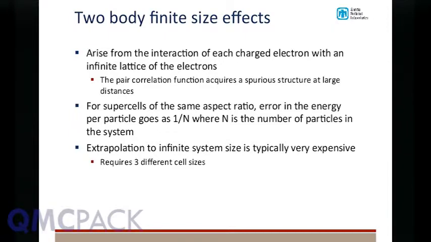But that implies some structure to, let's say, your pair correlation function that really shouldn't be there. And that introduces a finite size effect. Now for supercells of the same aspect ratio, so if I double all the dimensions, let's say, of the primitive translation vectors, the finite size error in the energy per particle goes as 1 over the number of particles in the system.